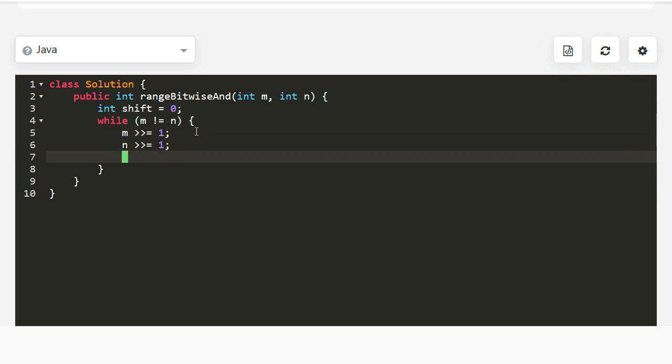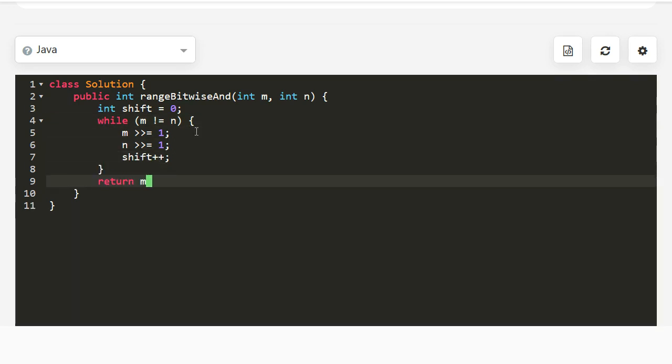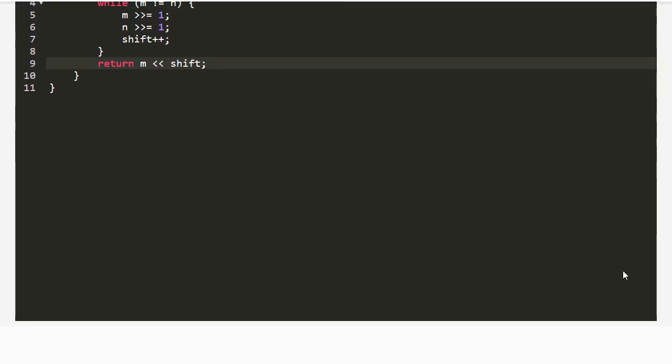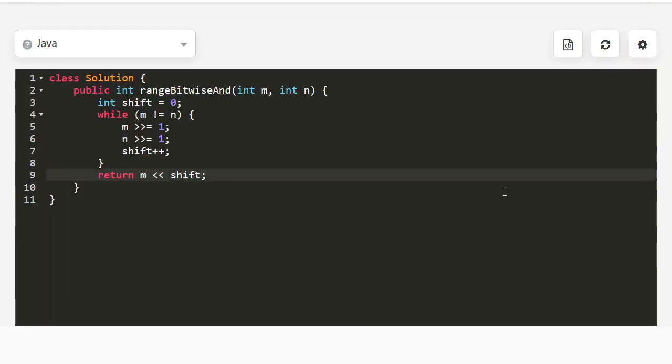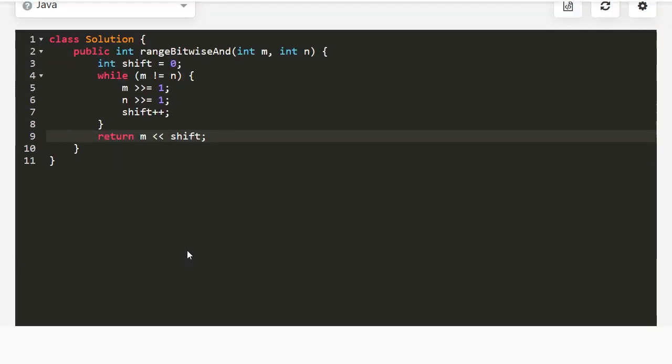Okay, and then we'll increment our count, meaning that we've shifted. Now at this point, we've found the common prefix, and now we want to shift it back. So return m, shifted back by the amount that we shifted it to the right by. We'll shift it to the left. Okay, so that should be all there is to it, and it'll be accepted.